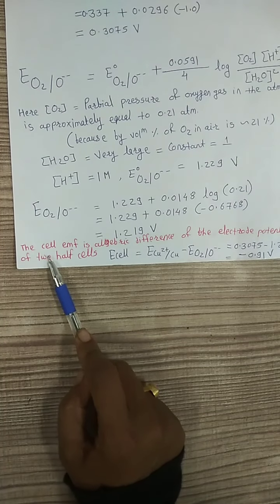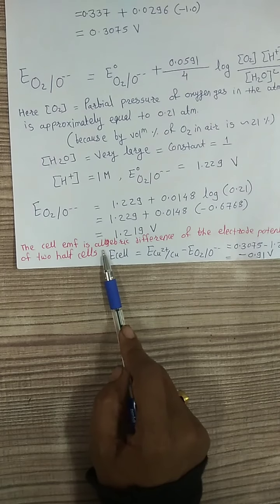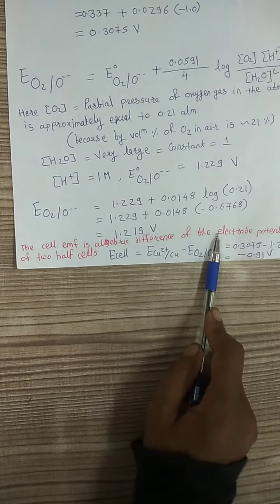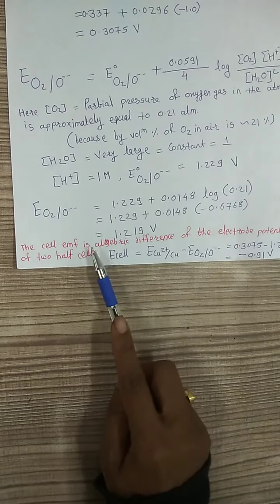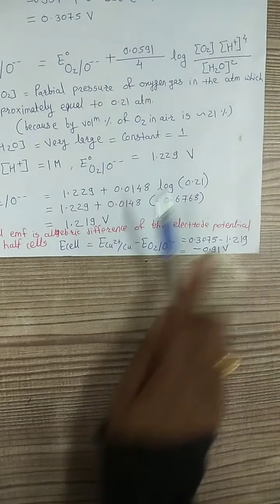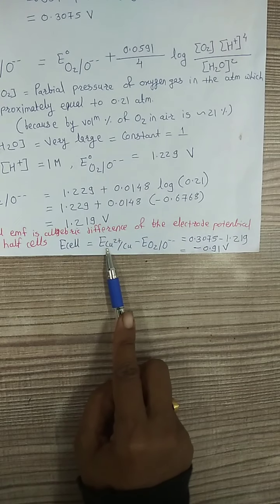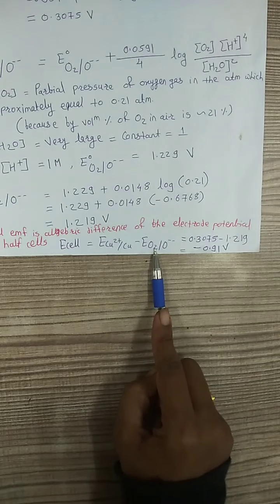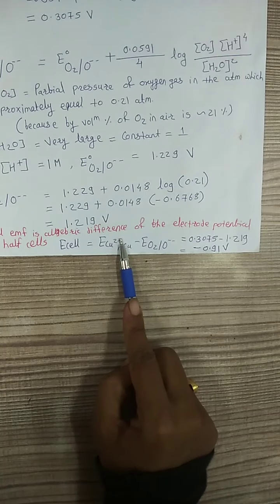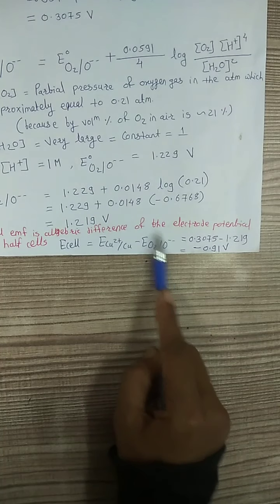So the cell EMF is the algebraic difference of the electrode potentials of the two half cells, given by E cell is equal to electrode potential of the copper minus electrode potential of the oxygen. Here we are considering the electrode potential at cathode and anode, their difference.